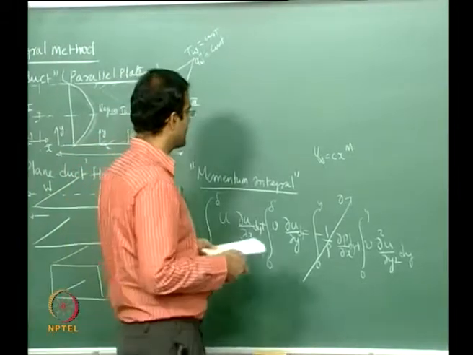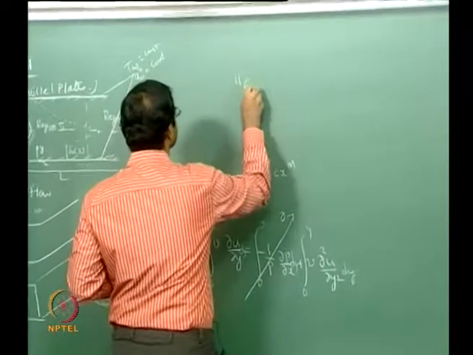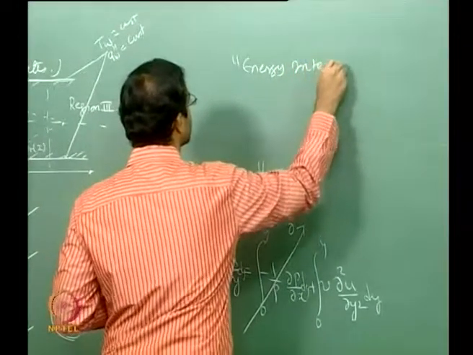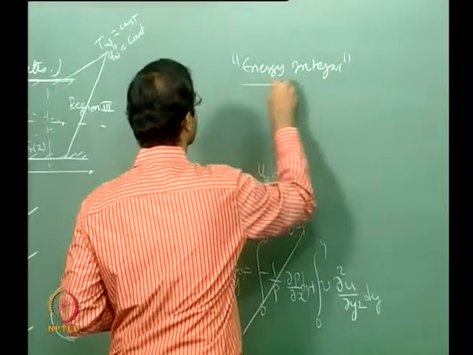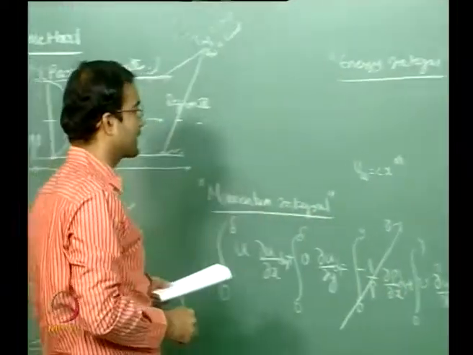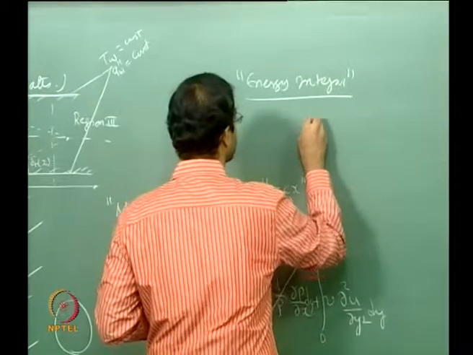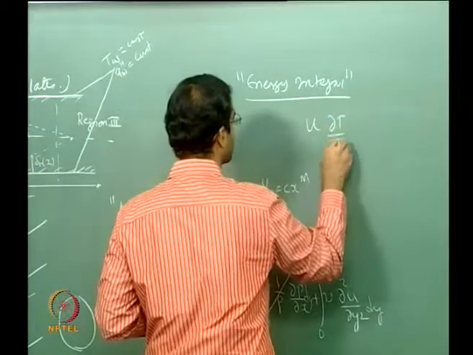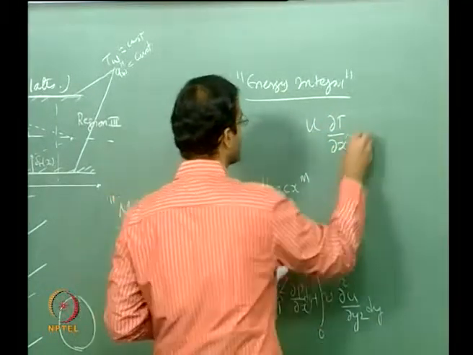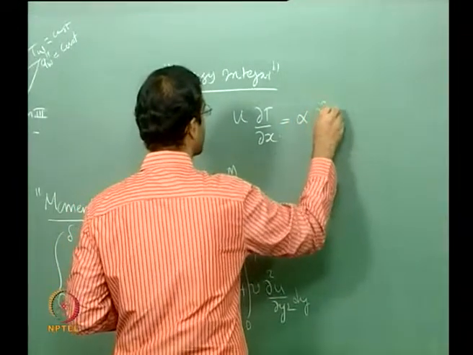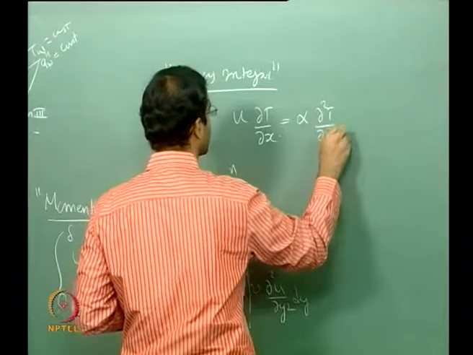Coming to the energy integral, in the 2D plane duct case, you can of course write your energy equation, which is u dT by dx is equal to alpha d squared T by dy squared.